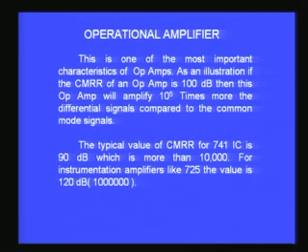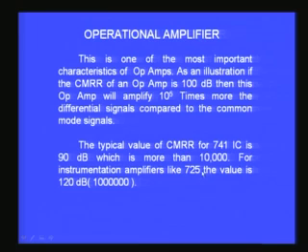If I use a good instrumentation amplifier, which is a high gain differential amplifier made with a very large value of CMRR, then the rejection of the noise will be very efficient. For example, there is one op amp called 725, and the CMRR for 725 is 120 dB because it is an instrumentation amplifier, and that means the differential gain is about 1 million times more than the common mode gain.